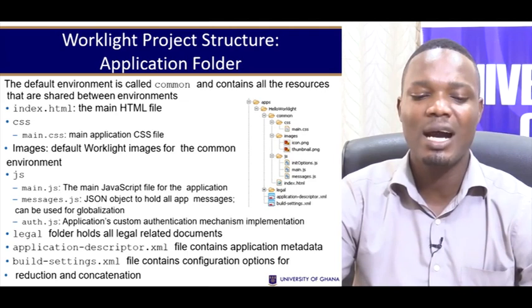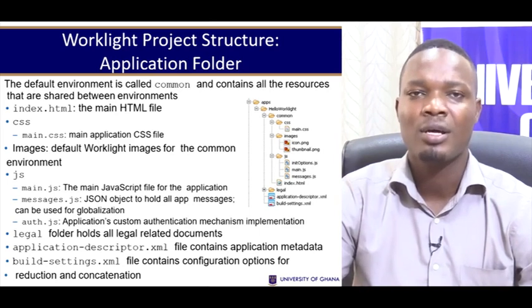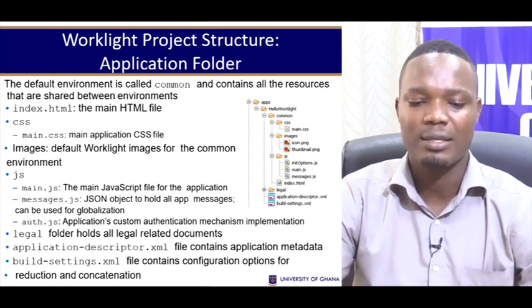Then we have the legal folder, which holds all legal related documents. Also, you would find that there's the application-descriptor.xml. This file contains application metadata. Then finally, we have the build-settings.xml. Now, this file contains the configuration options for reduction and concatenation.